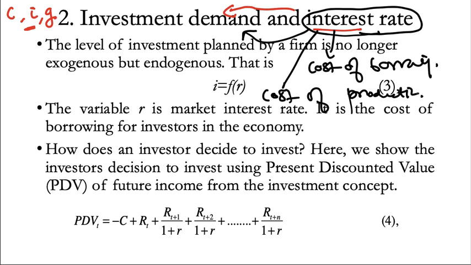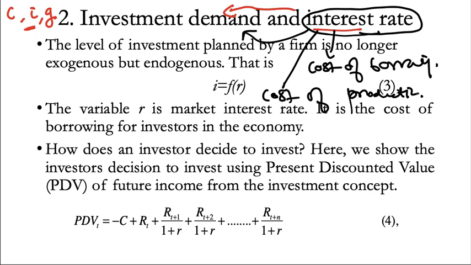Now, if it is the cost of production, if interest rate is higher, would you love to borrow more if you are an investor? No. So in this case, if you can't borrow because interest rate is high, that means the cost of borrowing is high, but that also means the cost of production is high.